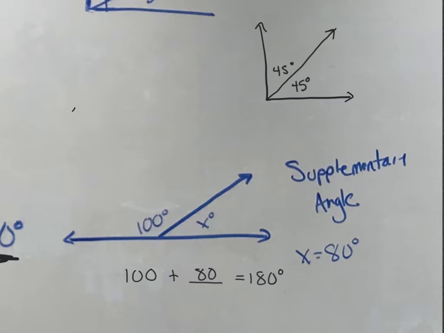If I were to have another straight angle that looked like this, and let's say we have an angle here that's 20 degrees. Oops, my degree sign got gigantic. 20 degrees. And then this side, 180 minus 20 would be 160 degrees. So these two angles are supplementary to each other, okay?